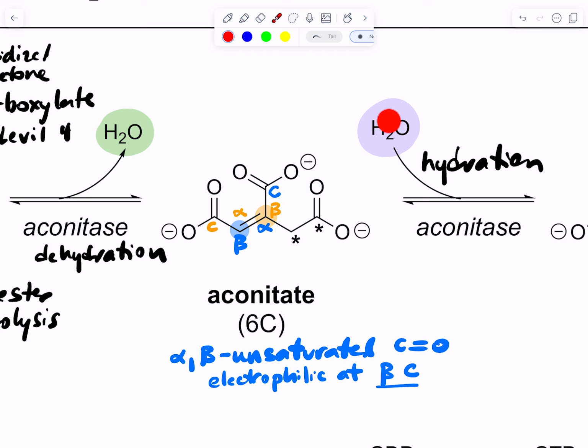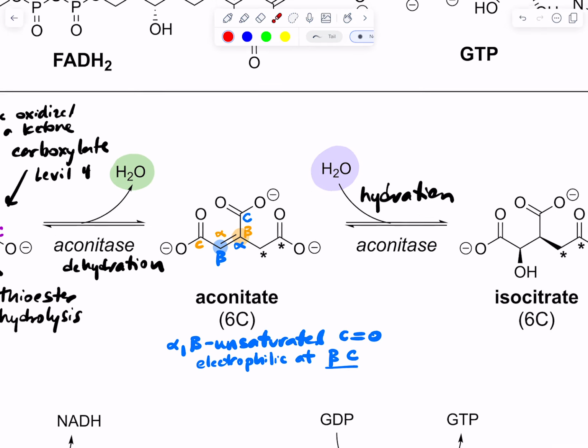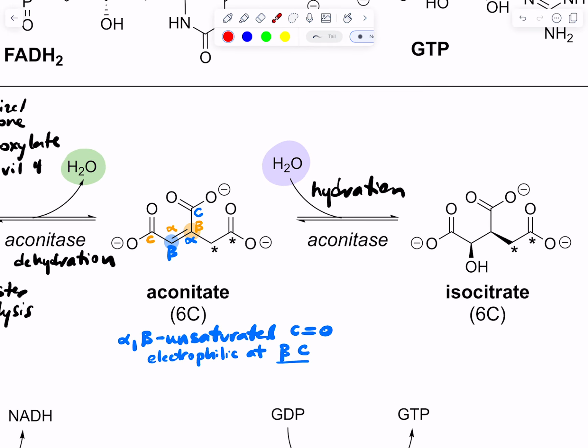You deprotonate water. Hydroxide acts as a nucleophile, attacks the blue beta carbon. These electrons between blue alpha and beta kick over onto blue alpha, and then we pick up a proton from some acid. We'll show you that arrow, but that's conceptually how it happens.